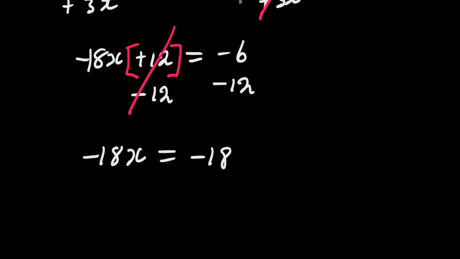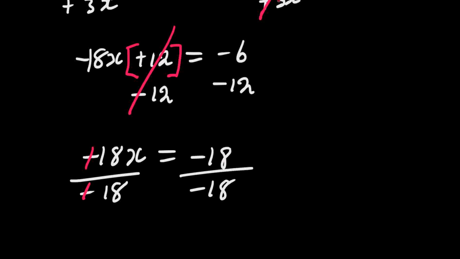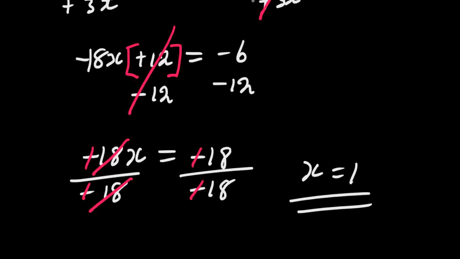So we can simply divide both sides by the coefficient of x, which is negative 18. So negative 18 and negative 18, we cancel the negative, and 18 divided by 18 is 1. Therefore, x is equal to 1. So this is the answer to this question. All right, let's go on.